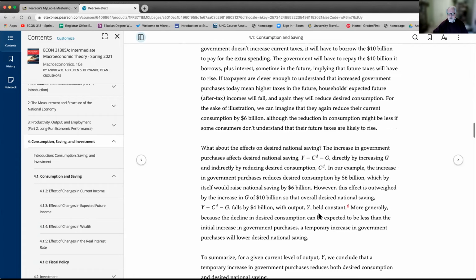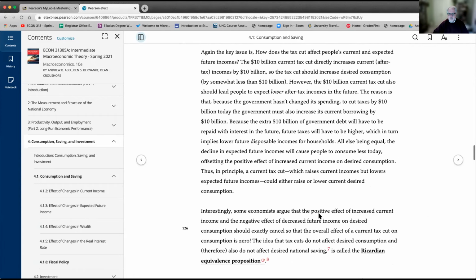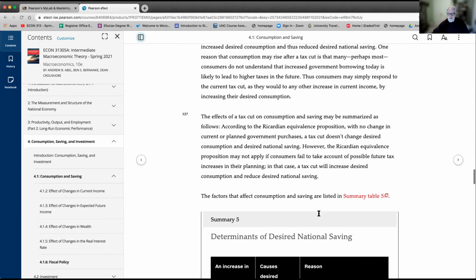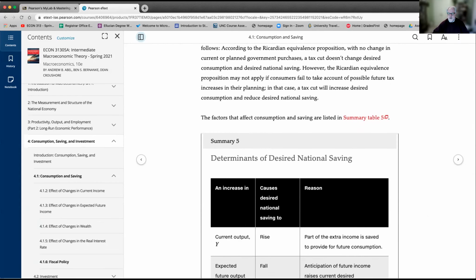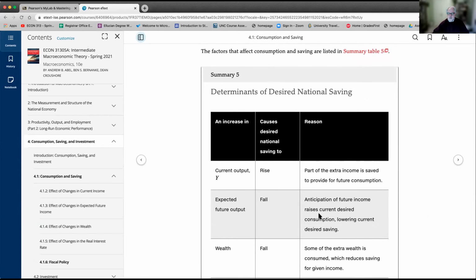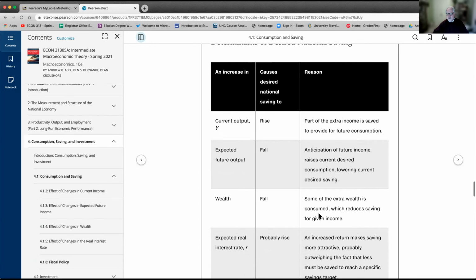There's a whole discussion here, this idea of Ricardian equivalence, right? I want to point out here, these summary tables are actually really important in each chapter. So pay attention. These are the things that shift curves. And everything that we're about in this course is about shifting curves and then what happens.